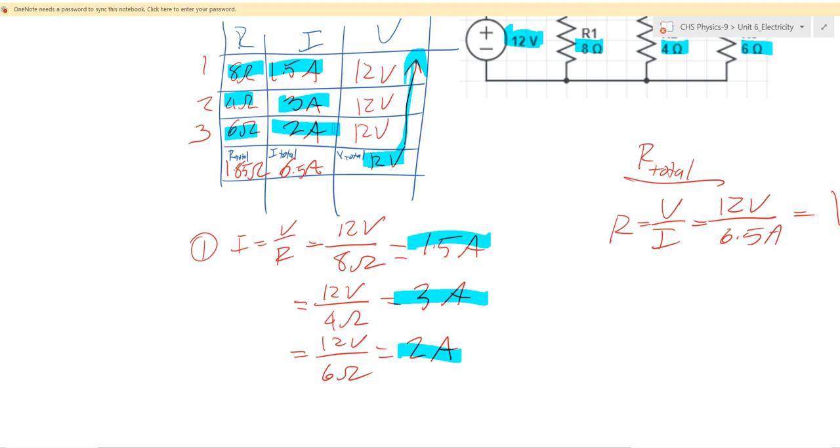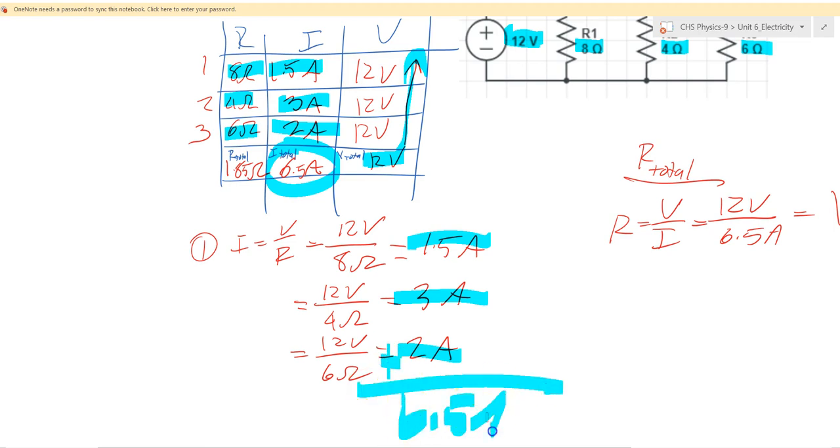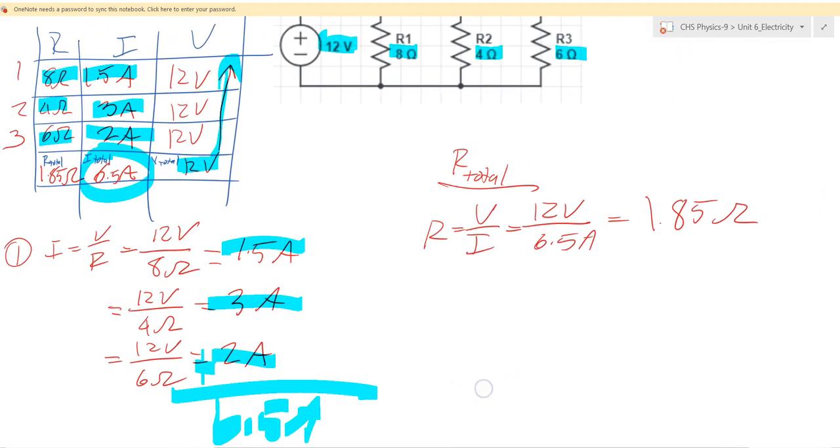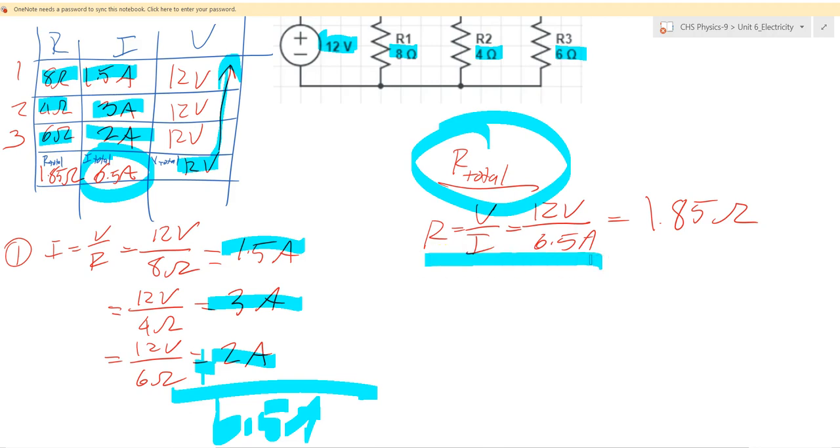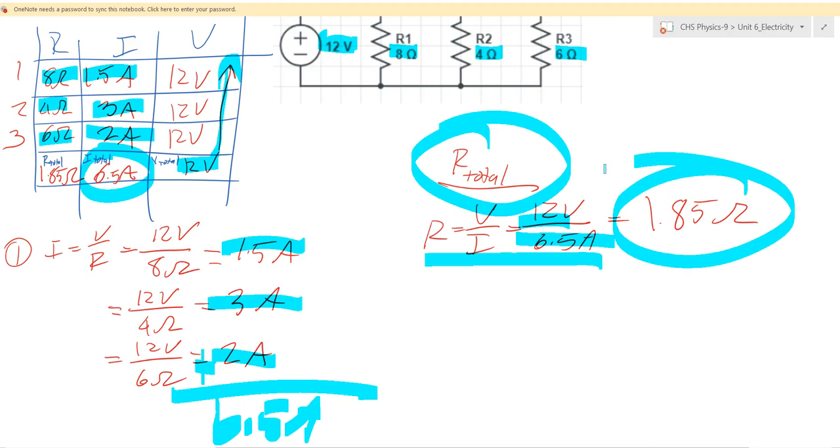And in order to get that, I just added these all together. Just added, got my 6.5 amps. So I got my total for my current, and then my resistance, my R total. I just used Ohm's law again and did 12 volts divided by 6.5 amps, and I got my final answer of 1.5 ohms, and I put that there.